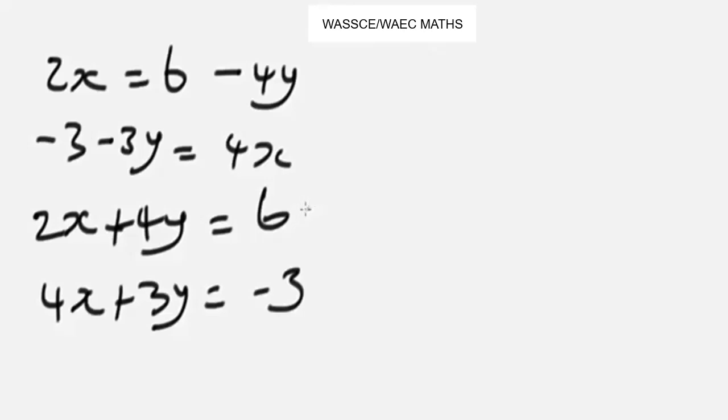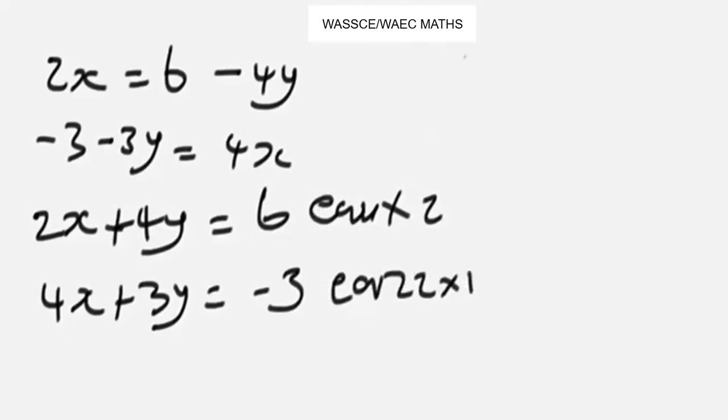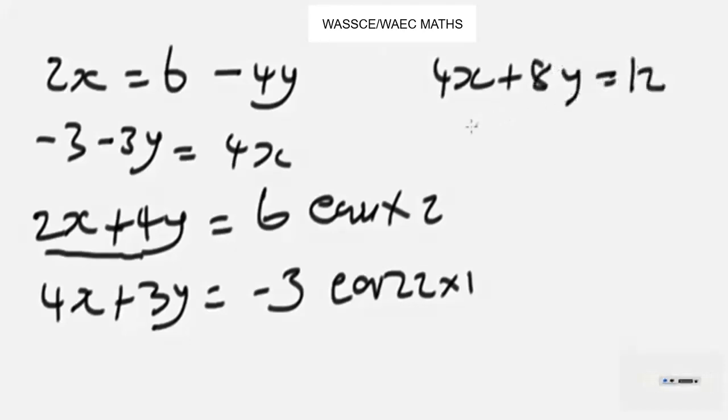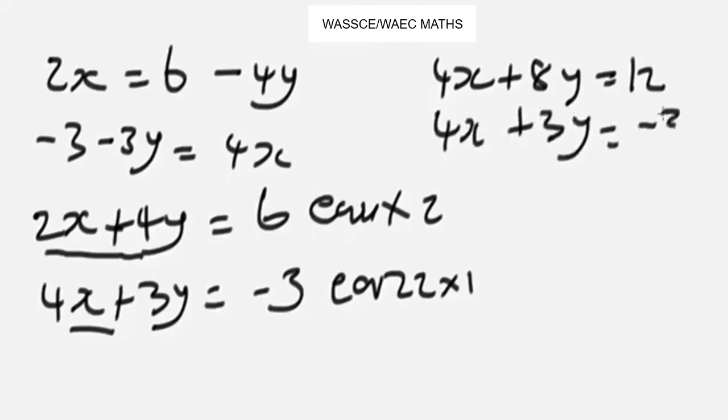To do this, we say equation 1 times 2 and equation 2 times 1. So you're going to have two sets of equations. When you multiply everything here by 2, you get 4x plus 8y equals 12. And when you multiply everything here by 1, you still get the same values. We have 4x plus 3y equals -3.